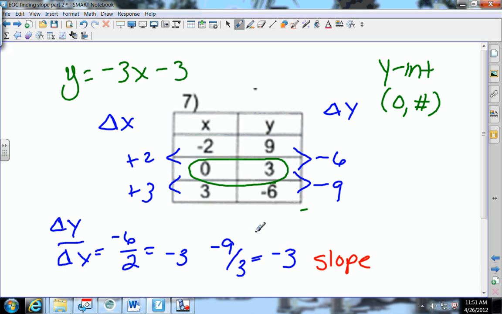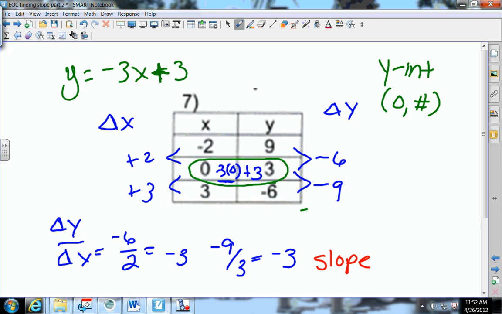Now, even if you didn't remember, you can go in your table and have negative 3 times 0. When you multiply these together, you get 0. What do you have to add or subtract to 0 to get to 3? Plus 3. And I don't know why I wrote a minus 3 right there. Okay, there we go, plus 3.